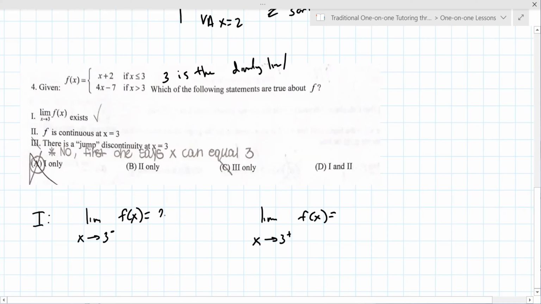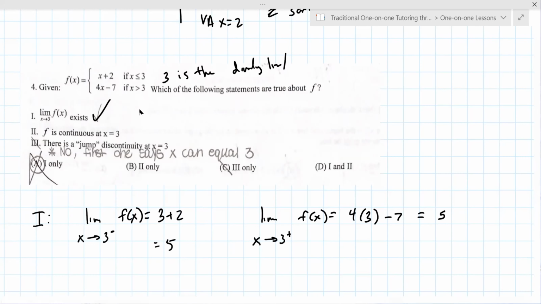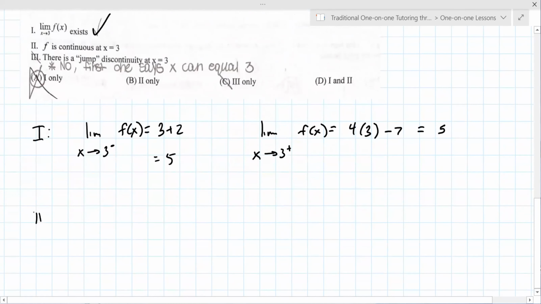Yeah, so it's 3 plus 2, which is 5. And then it's 4 times 3 minus 7, which is also 5. Okay, so that's true. Yep, confirm that. Okay, it's continuous if the following is true. So let's go through that because this is just definition stuff.